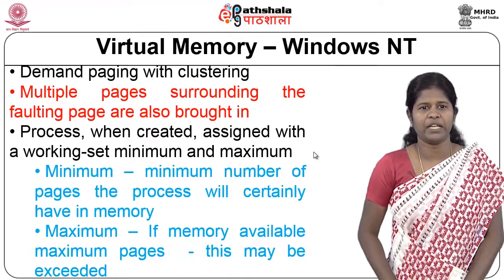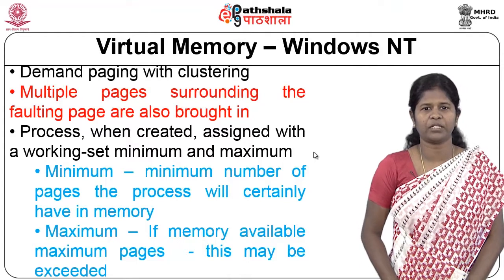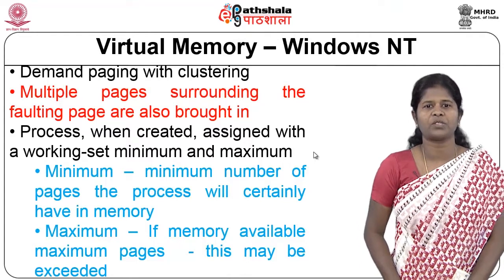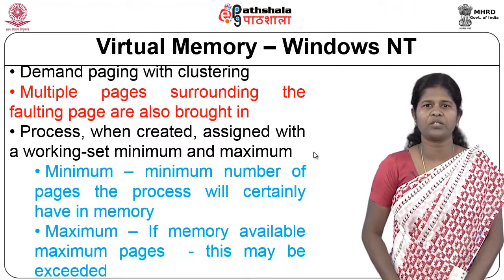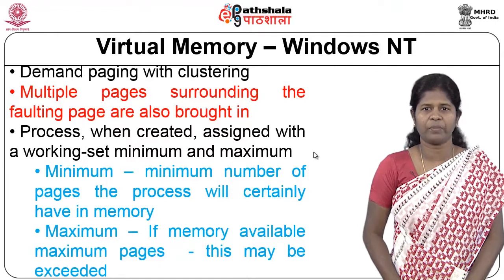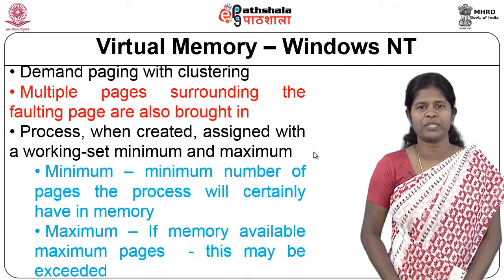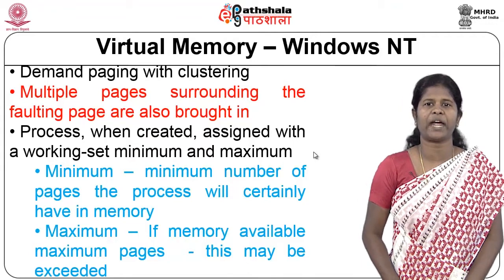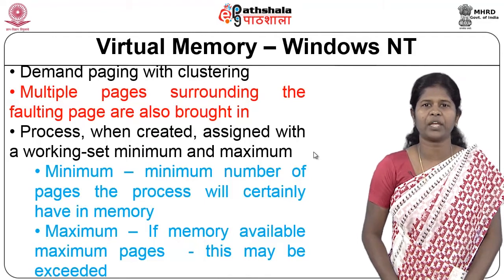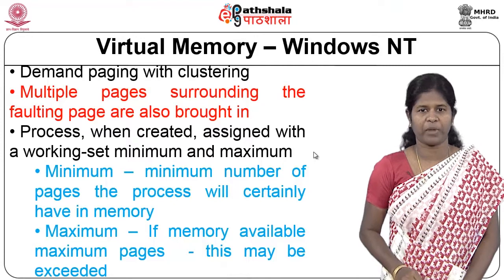In Windows NT, demand paging is used along with a method called clustering. So, what is clustering? Multiple pages surrounding the faulting page are also brought into the main memory. Whenever there is a page fault, usually we bring in only the required page from the secondary storage device into the main memory.